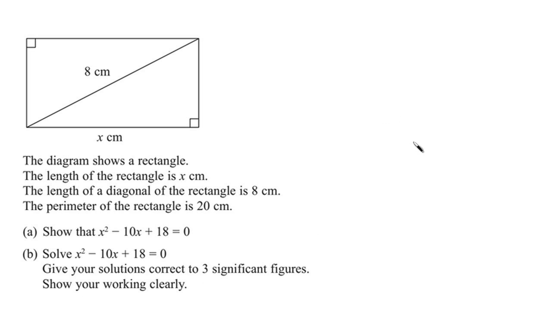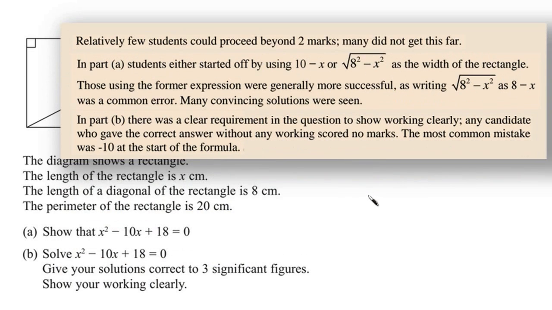Okay, well, let's look at the examiner's remarks. It says that relatively few students could proceed beyond 2 marks, and many didn't get this far. So people really did struggle with this. It says in part A, students either started off by using 10 minus x, or they used root 8 squared minus x squared as the width of the rectangle.